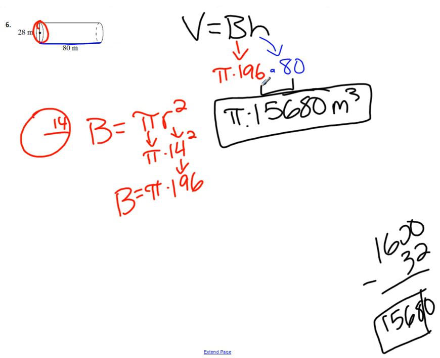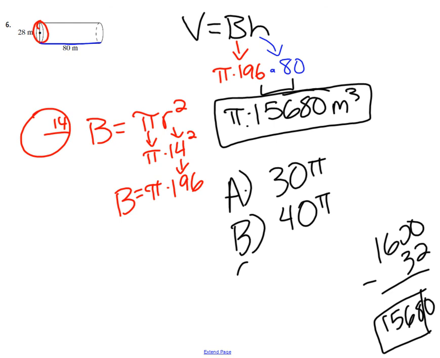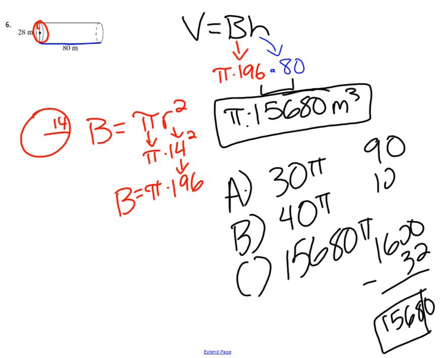Right, so anytime your answers look like this, then you leave pi alone, okay? If the answers don't say that, if the answers look like 90, 120, and whatever this is times 3, then you change pi into a number.